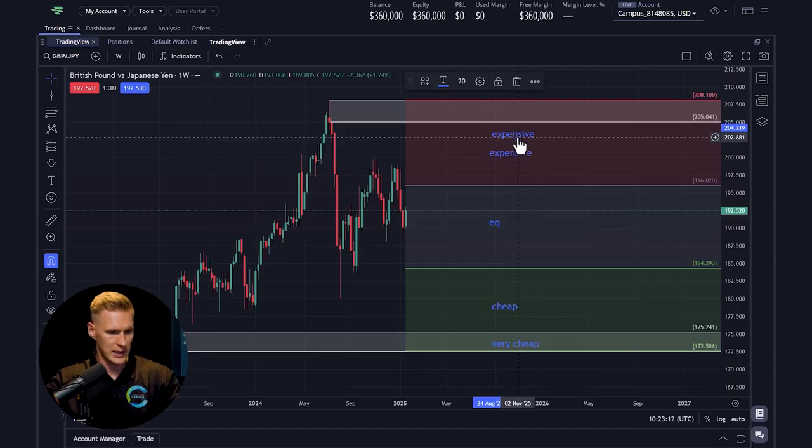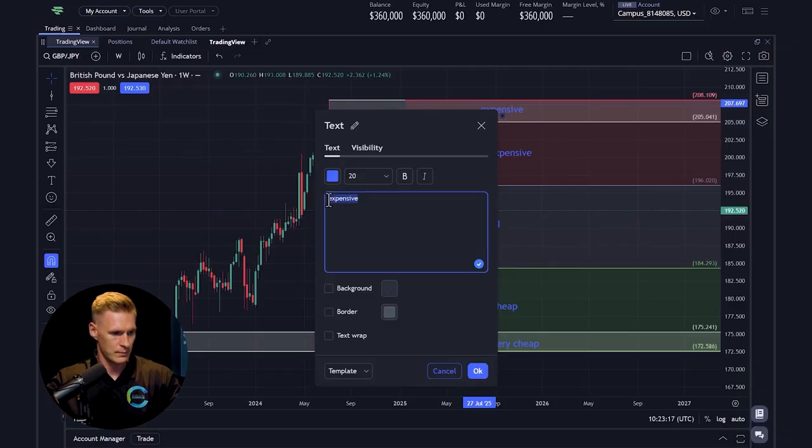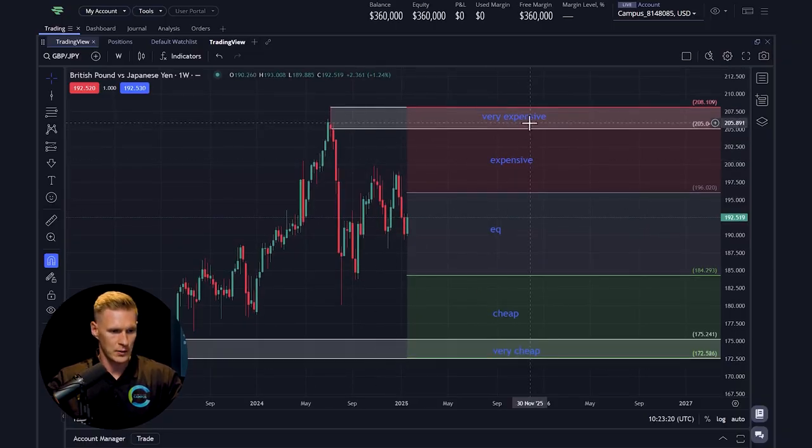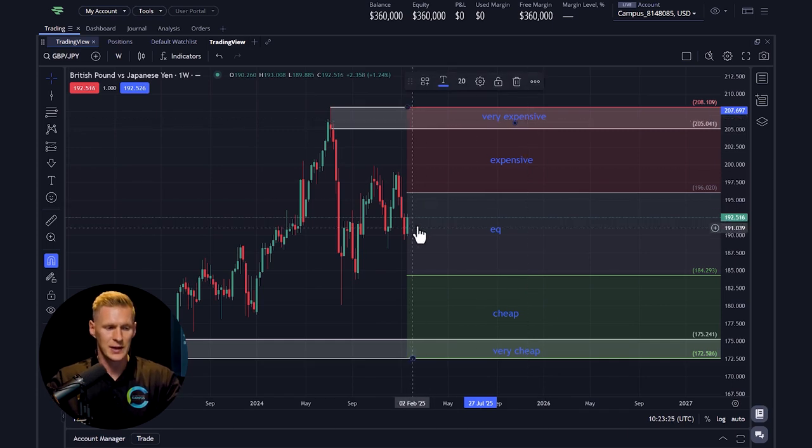And very expensive. Okay, where is the current price located? The current price is located in equilibrium. Means nothing to do, right? We don't want to buy or sell here.